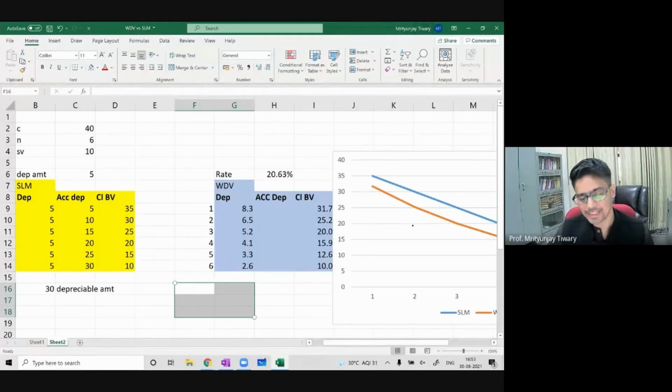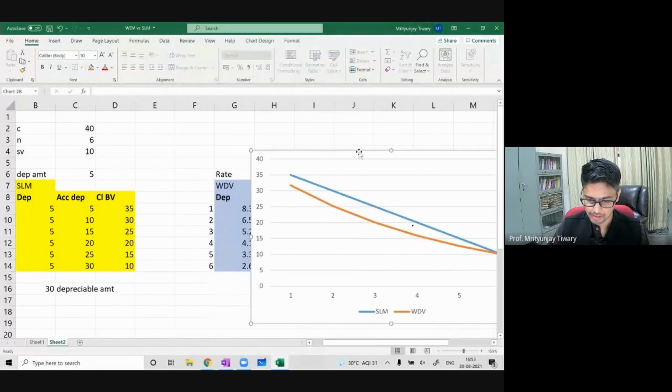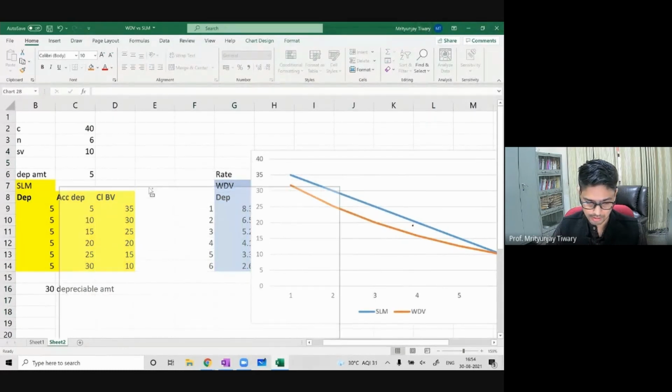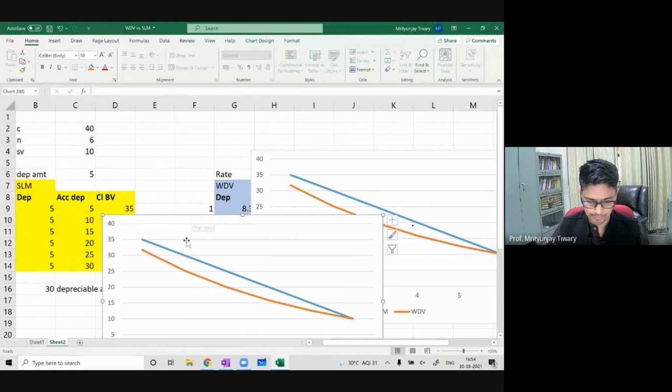Yes, basically the statement I made was that I will create 2 charts for you to consider. Here I will select the depreciation number.